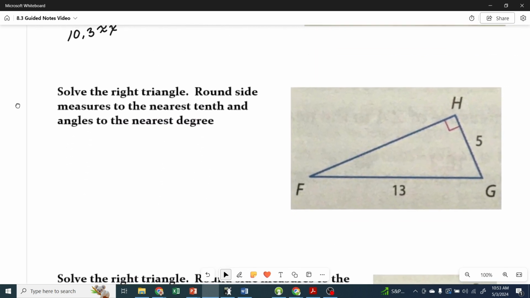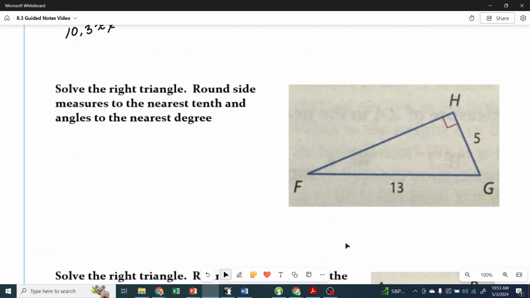Let's do this one. Alright, so we are given the hypotenuse here. So here's x. We don't know what x is. That is a leg. So x squared plus 5 squared equals 13 squared.